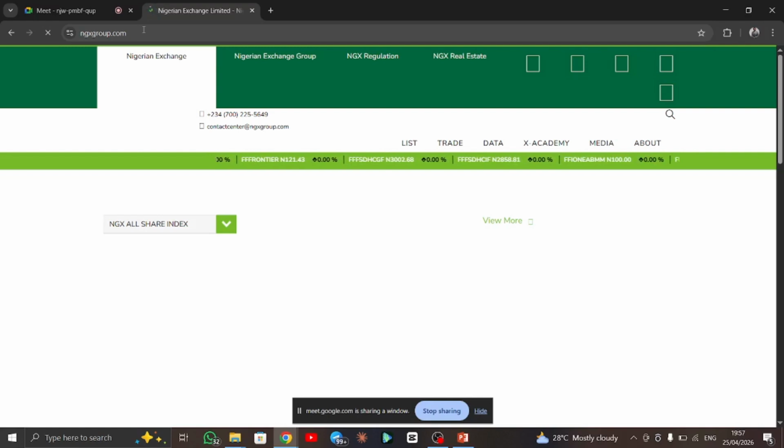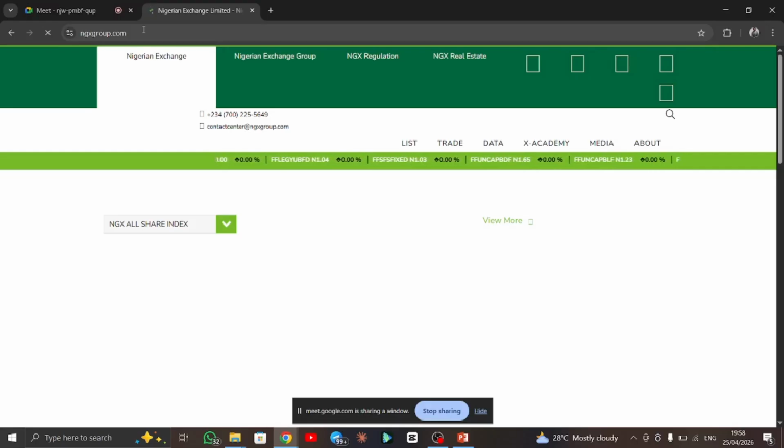You can get their financial statement on two different websites. The first one is NGX. If you can see my screen now, I am on the NGX website. But I think their website has been misbehaving. Even yesterday I was on their website, this was what it was showing, right? So you can get every company that is listed in the Nigerian stock market on this website.